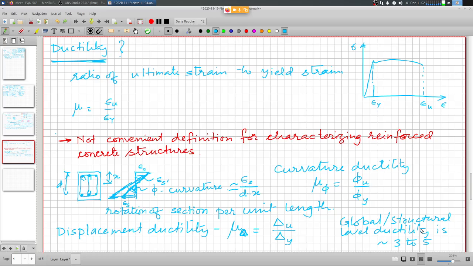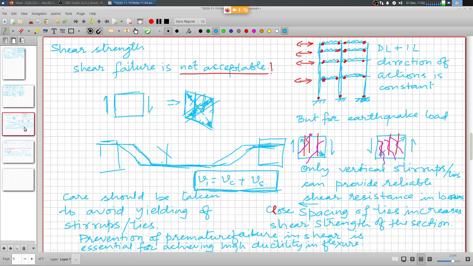And in this context I will also go back to the previous discussion on the shear. What happens if the stirrups yield in shear? Then you will find what is typically seen in improperly designed reinforced concrete elements.